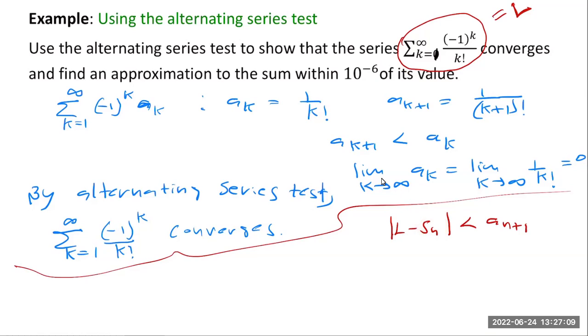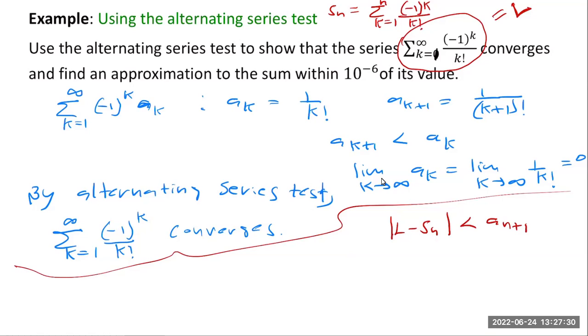Let me define the Sn as well here. Sn is the sum from k goes from 1 to n of minus 1 to the power k divided by k factorial.